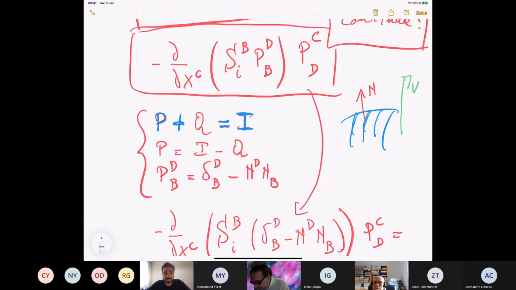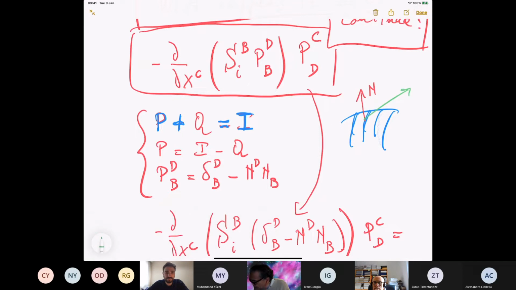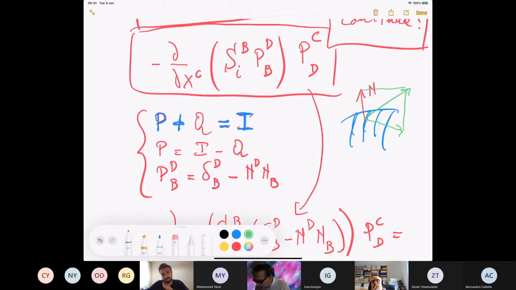So we have this vector V. This vector has a normal component along N and a tangent component along, we must do this way.